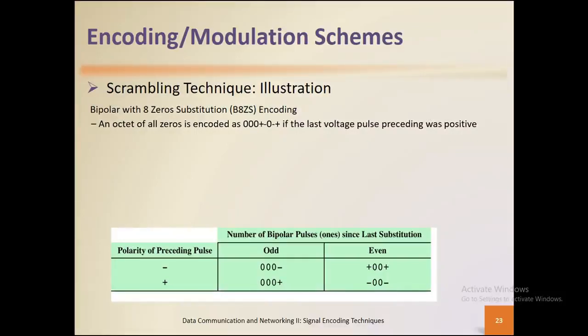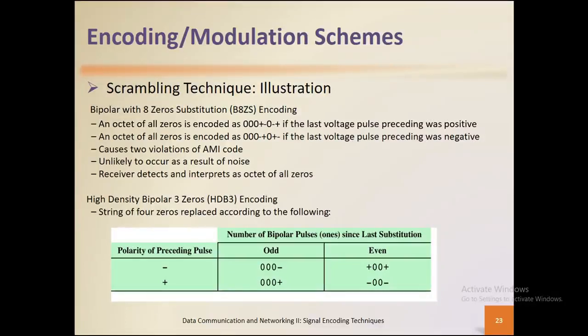The other one, if I'm not mistaken, is the high density bipolar using 3 zeros encoding. As I mentioned earlier, within the US or North American region, bipolar with 8-0 substitutions is used.